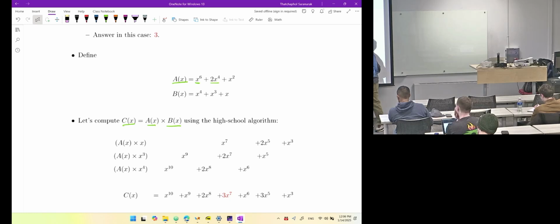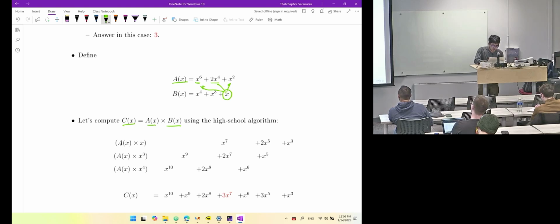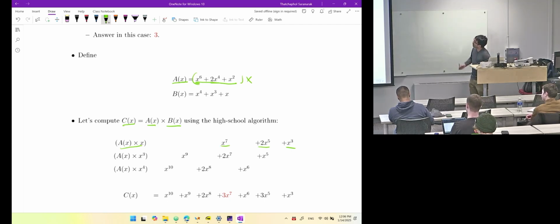So you can first take one term from B and multiply it to everything here, and what you get is the first line: you multiply everything here by x, so you get x cubed plus 2x to the 5th plus x to the 7. And then you're done with this term.